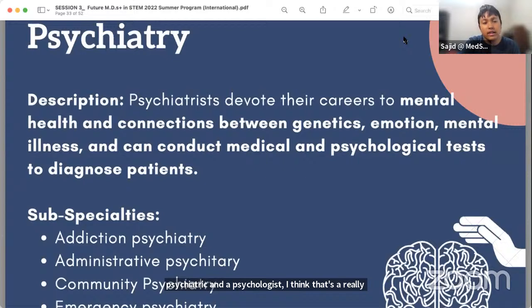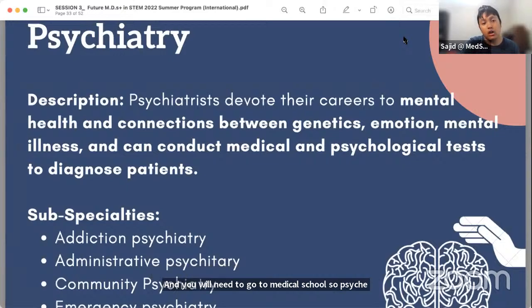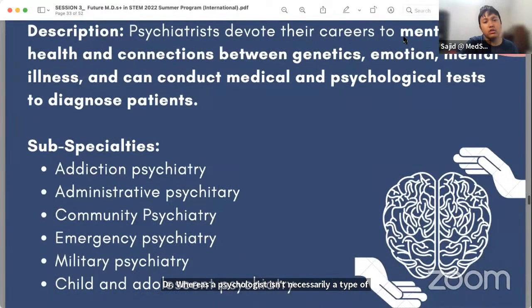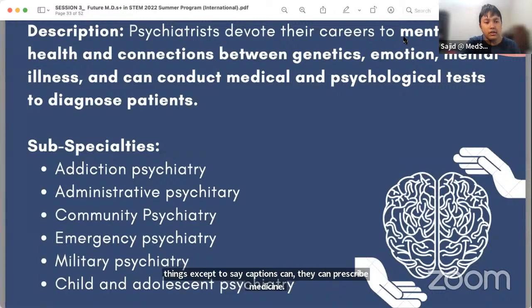So psychiatry is a specialty and you would need to go to medical school. So a psychiatrist is a type of doctor, whereas a psychologist isn't necessarily a type of doctor because you don't need to go to medical school for that, but you do need to go to a specialized school for that. But there's similar things, except a psychiatrist can prescribe medicine.